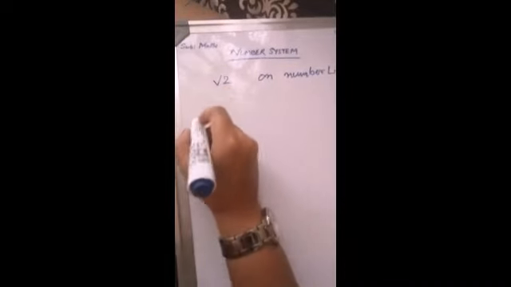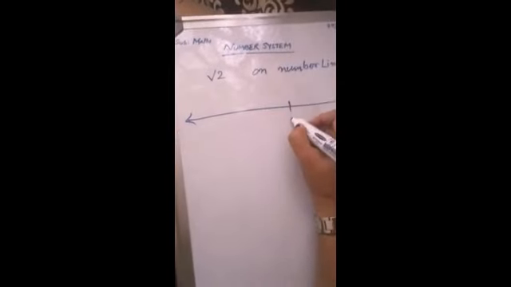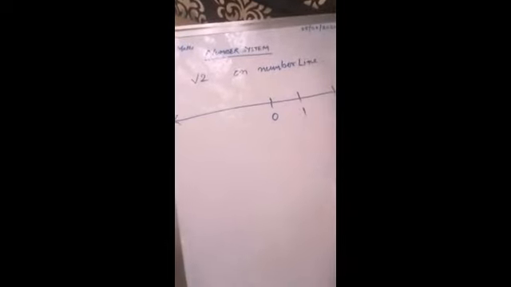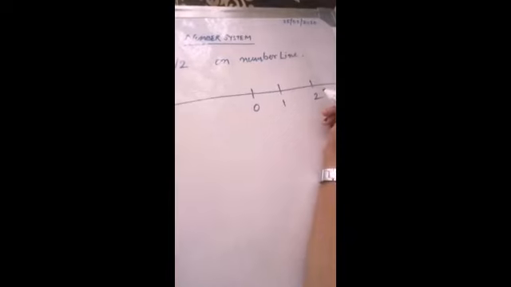You know it's easy to plot 2 on the number line, right? 0 in the middle, 1, 2. So it's easy to plot 2 on the number line, but root 2 is very difficult.